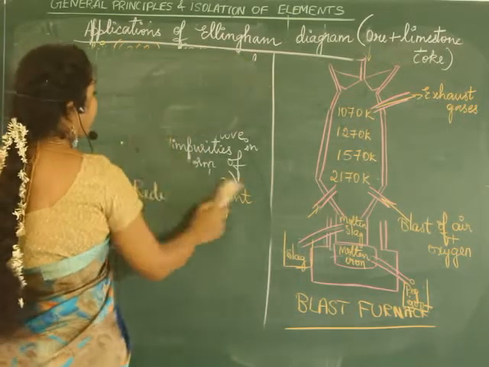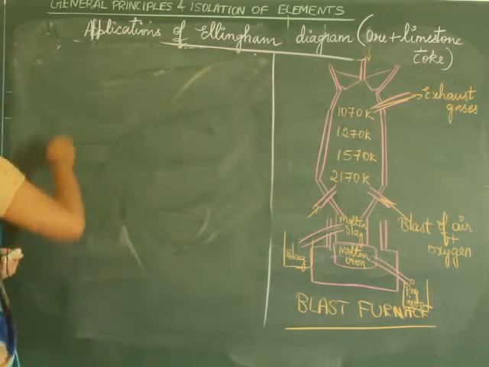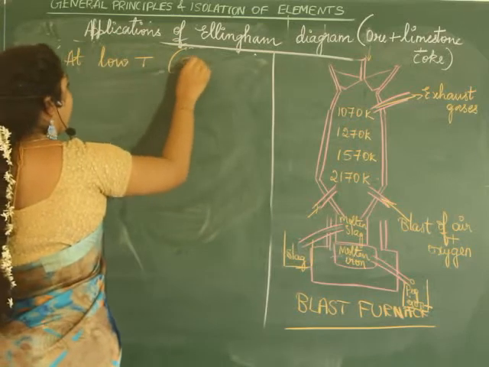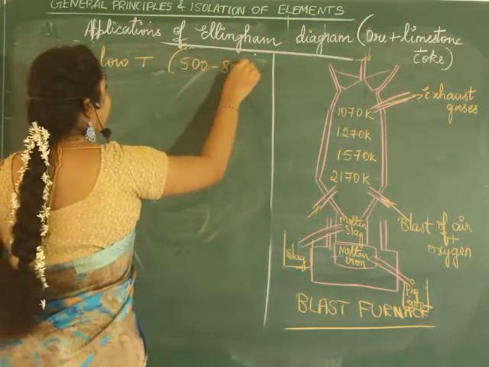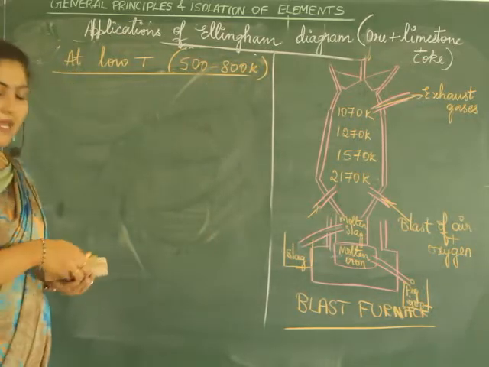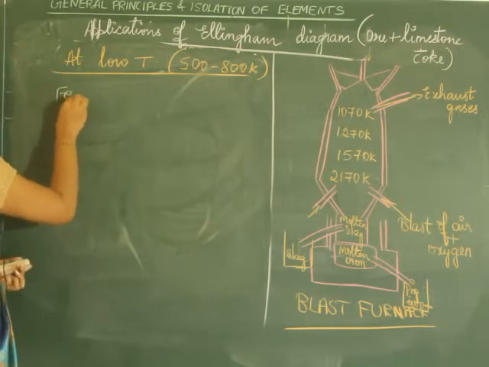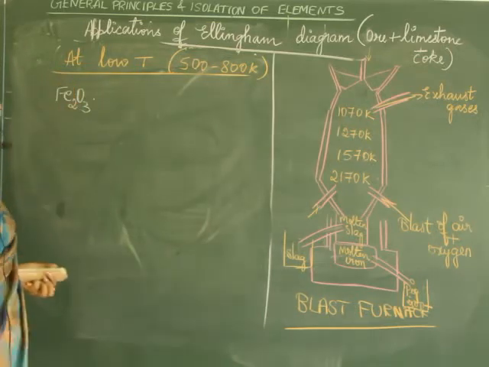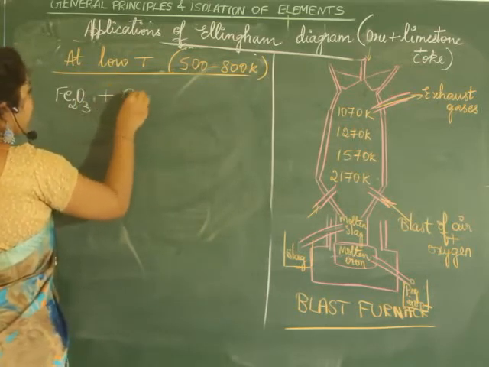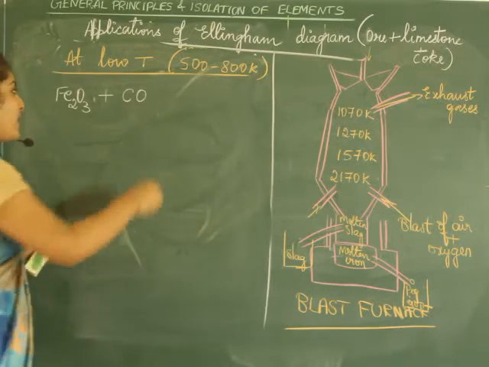So here the chemical reactions we'll see first at a low temperature, that is 500 to 800 Kelvin. At this temperature, how do the reactions take place? What we have taken, the ore Fe2O3, reacts with carbon monoxide, because we know at low temperature carbon monoxide acts as reducing agent.